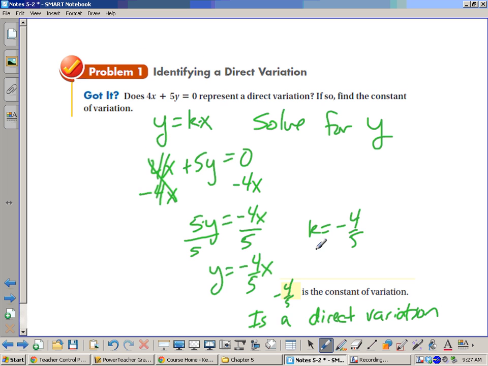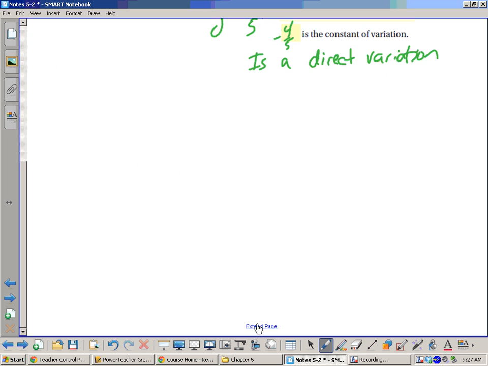So let's look at an example that is not a direct variation. So let's say I had 4x plus 5y equals 10. So in this situation, we would do exactly what we did before.